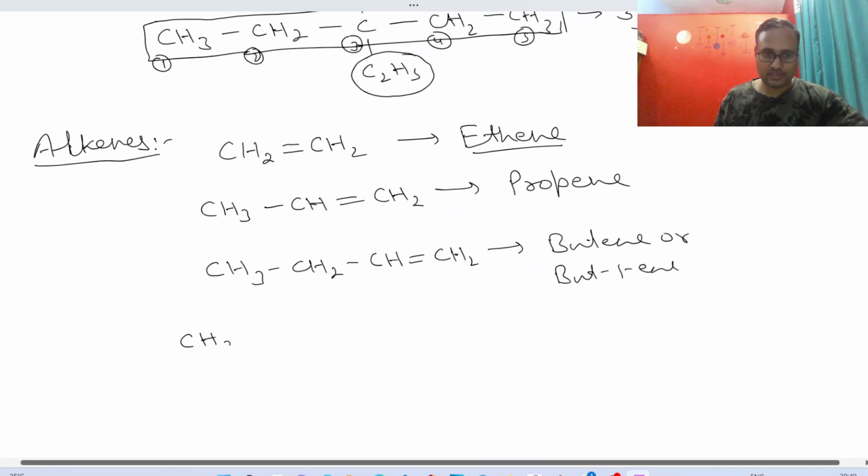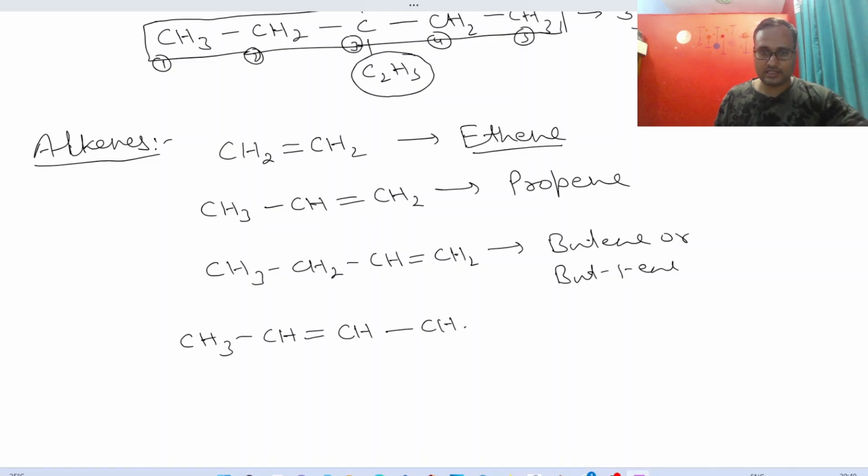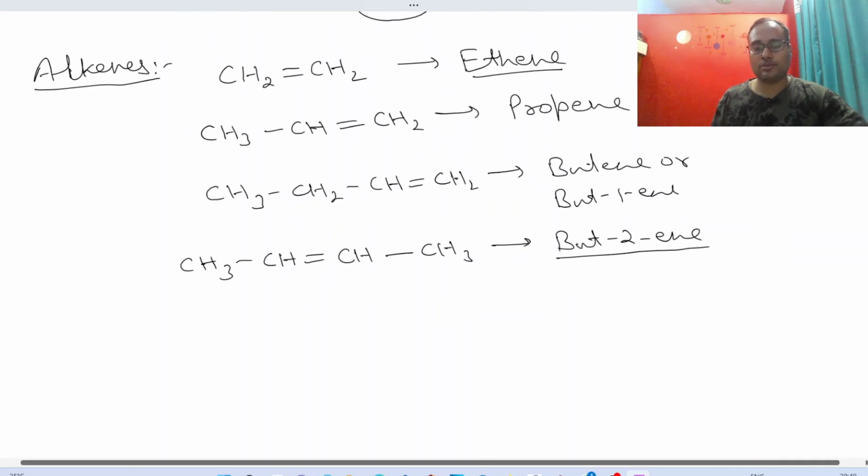Suppose we have a compound with a multiple bond between the second and third carbon of the butane, then we have to write it as but2ene.